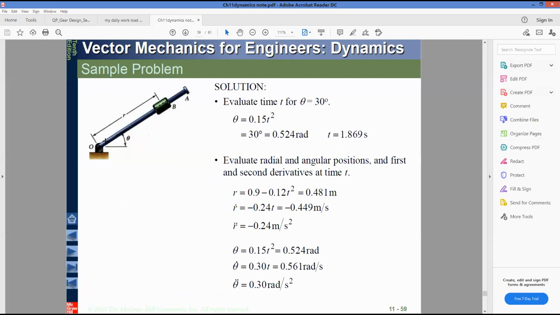Put the time value 1.869 here and you will get this amount of distance for R.